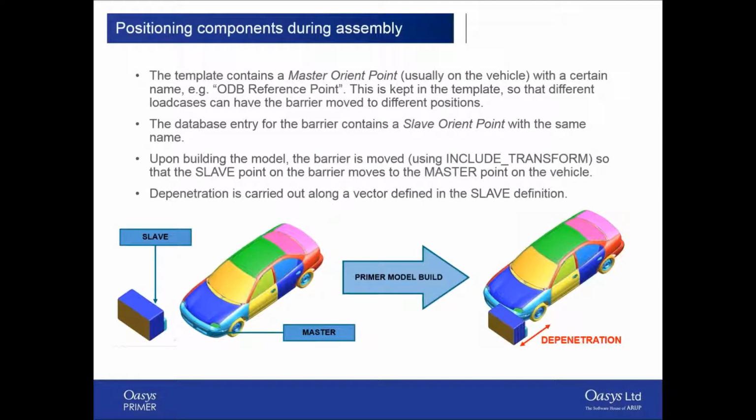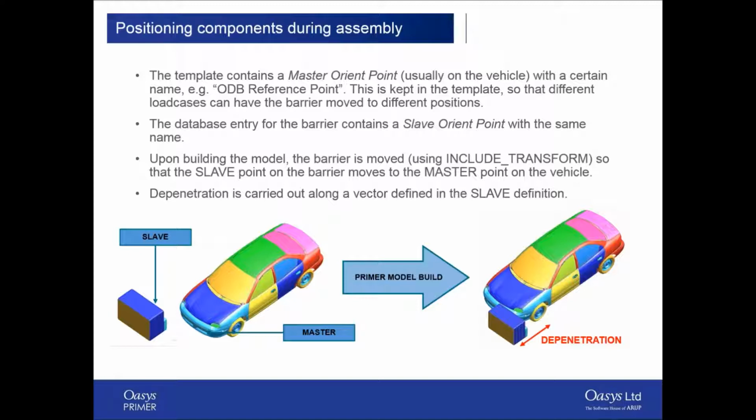So some other more advanced features to this. You saw an example of this when I was doing the model build. You can position components during the model build process as well. So this is for situations where you have a barrier and you might want to position it at different locations for different load cases.